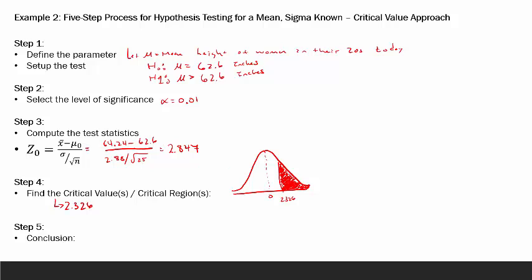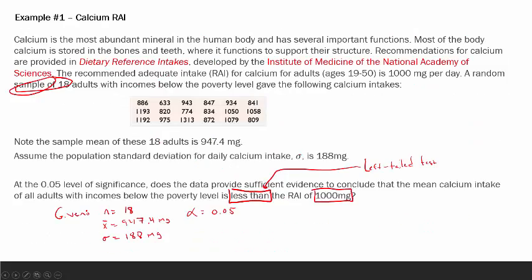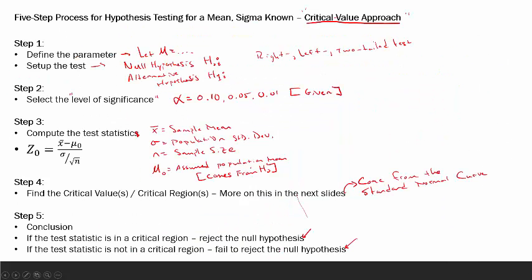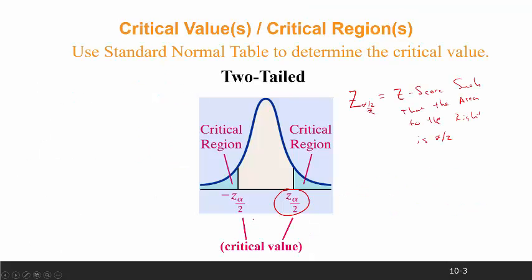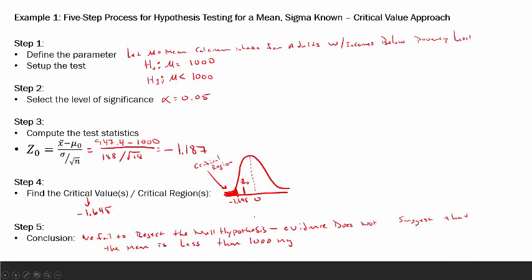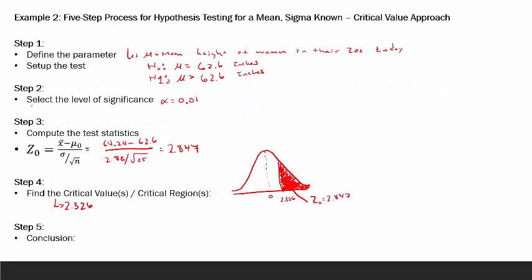So does my test statistic fall past 2.326? Yes, it's right here. So my test statistic is in the critical region. If you look back, if the test statistic is in the critical region, you reject the null. So conclusion here, we reject the null hypothesis.